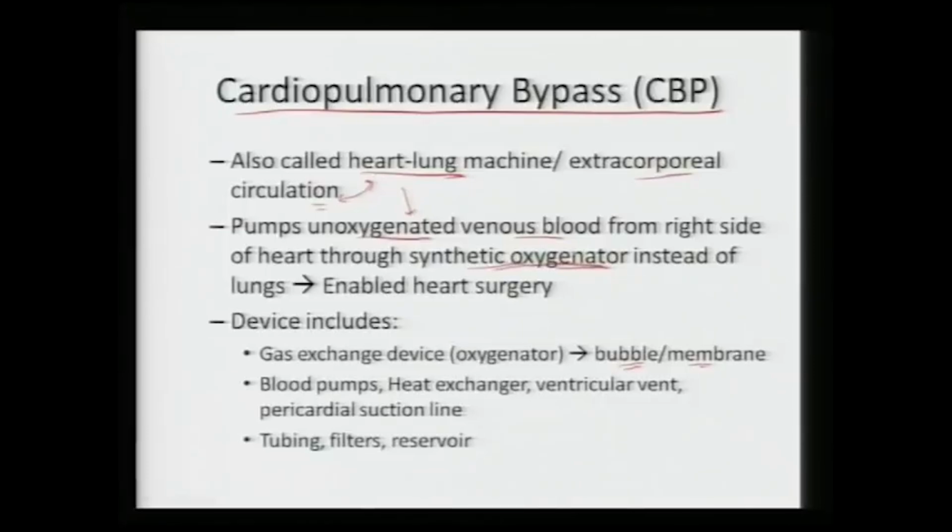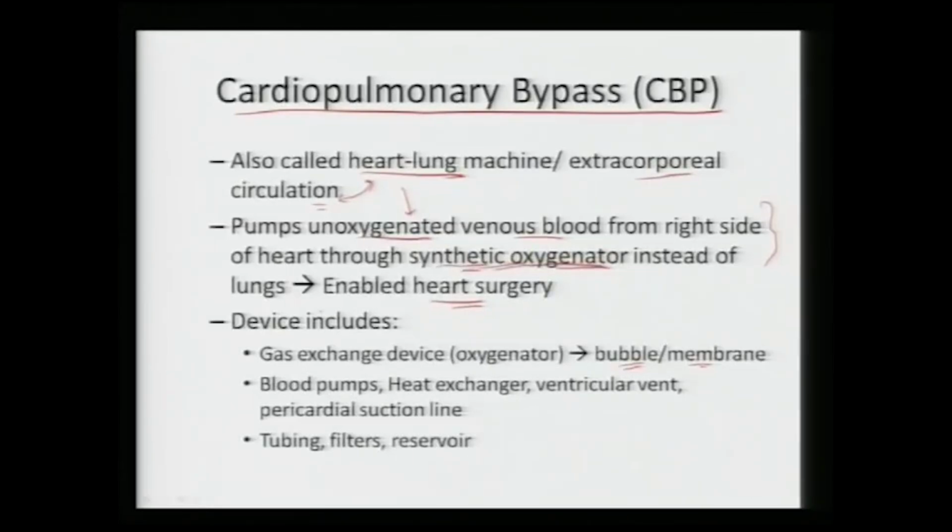This development has made heart surgery easier, because the blood flowing through the heart has to be oxygenated. It has to have sufficient oxygen to supply all regions of the body. So instead of getting oxygen from the lungs, it can allow oxygen exchange using this synthetic oxygenator.